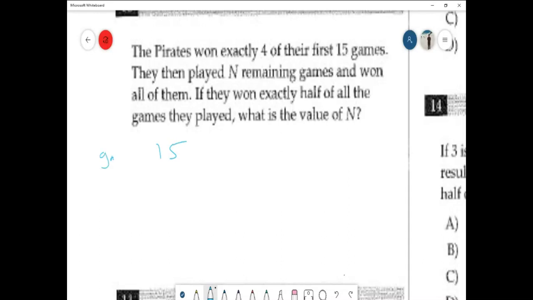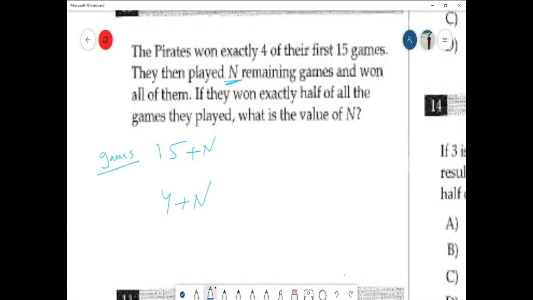You didn't. Okay, let's explain it again from the very beginning. They played 15 games and they won a number of games. They won 4 games, right? After playing some games, they played n remaining games and won all of them.